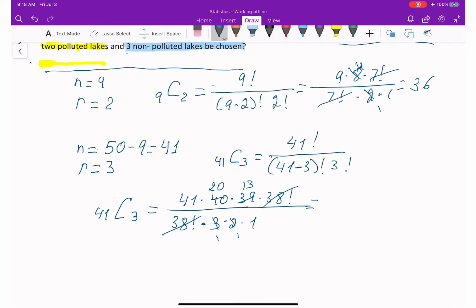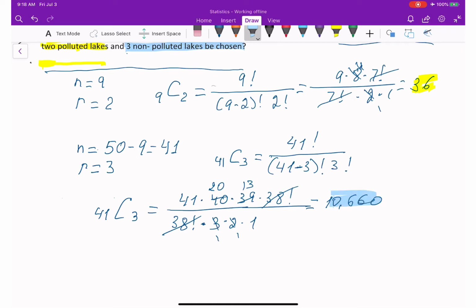Yes, you are correct. So 10,660 combinations we can create out of 41 based on 3 elements as a selection. All right, so we got the combination for polluted lakes, and we got the combination for non-polluted lakes.